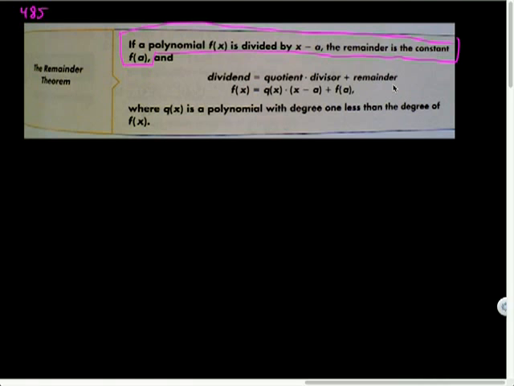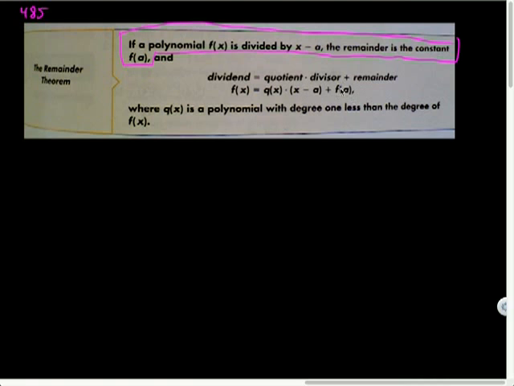And that's why I wanted to make sure we knew our vocab correctly. That makes more sense. So the dividend is my polynomial, the thing I was dividing. The quotient is the answer I got, right? The divisor is the thing I divided by.